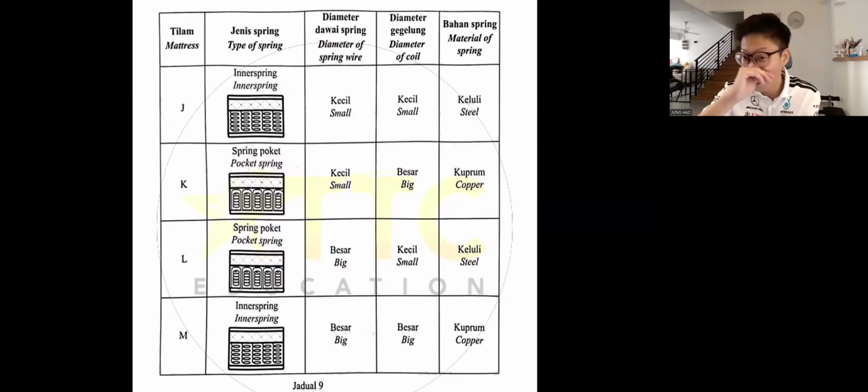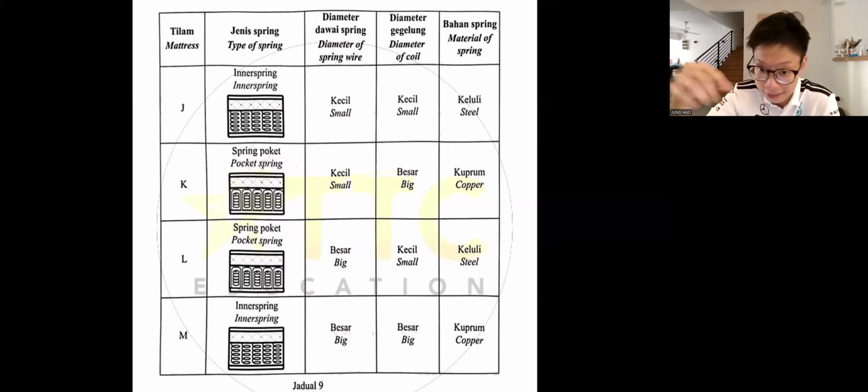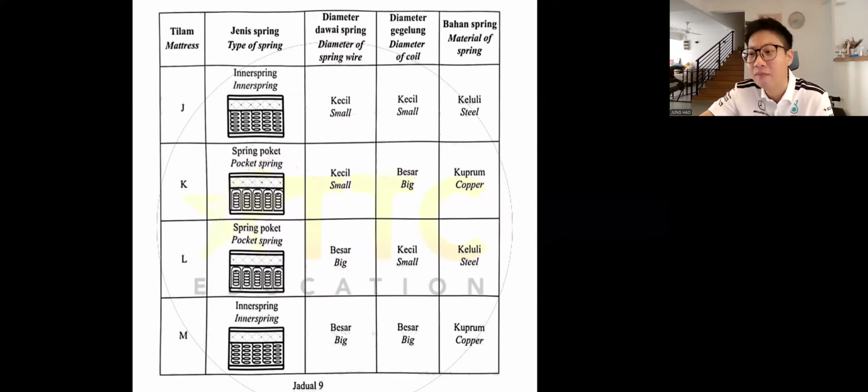Okay, hey, I tell you all, the mattress, tilam, in Malaysia is a very weird industry. Do you know how much a tilam is?